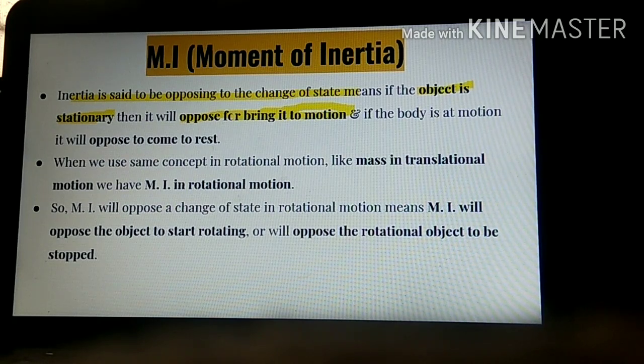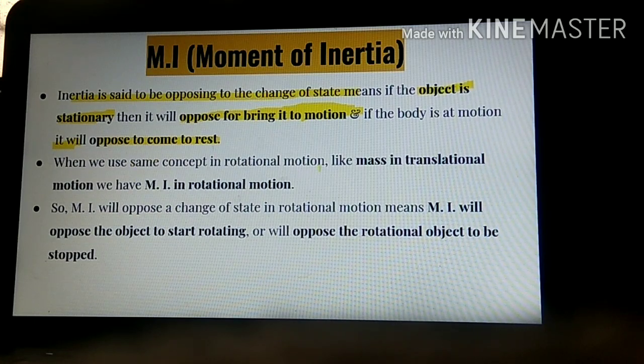If the truck is stationary, inertia will try to keep that truck at rest only. And if the vehicle is moving, then inertia will oppose halting that vehicle, that is, oppose it coming to rest.